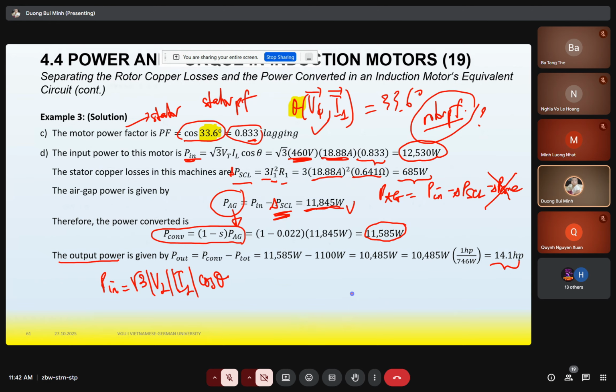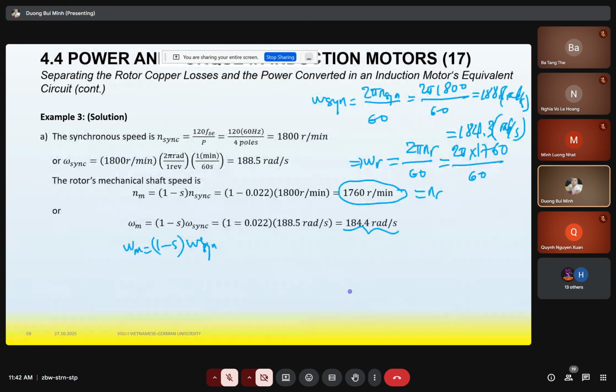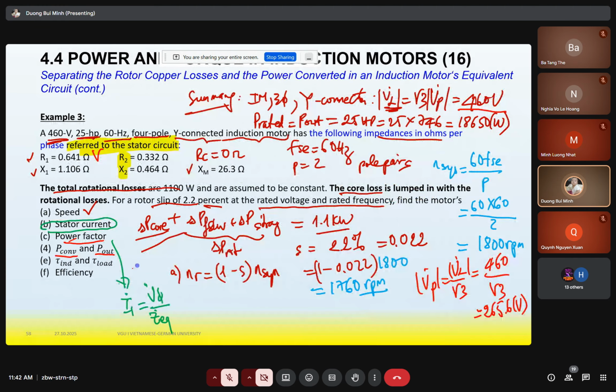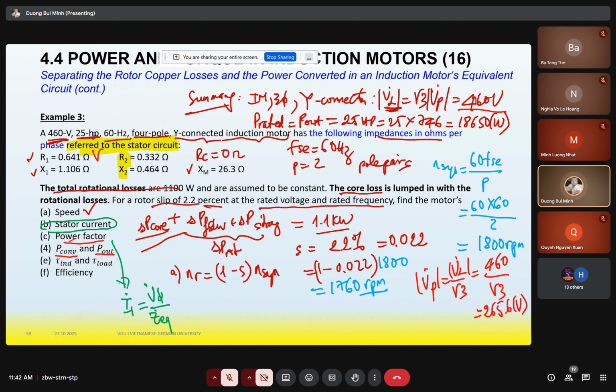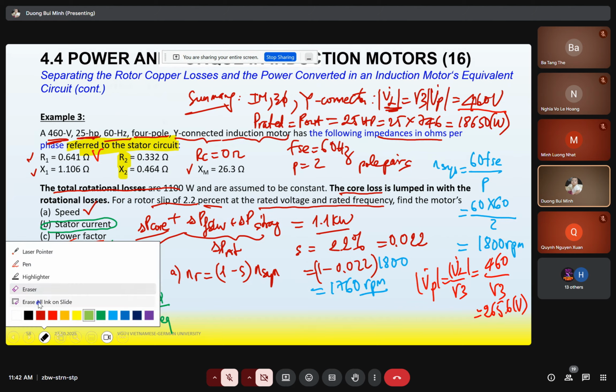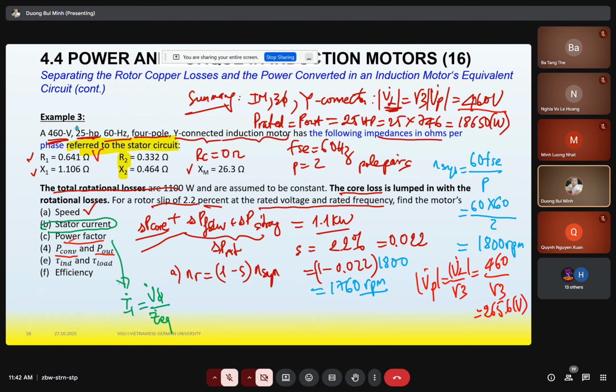Okay, so now look, the rated power. The rated power is 25 HP.